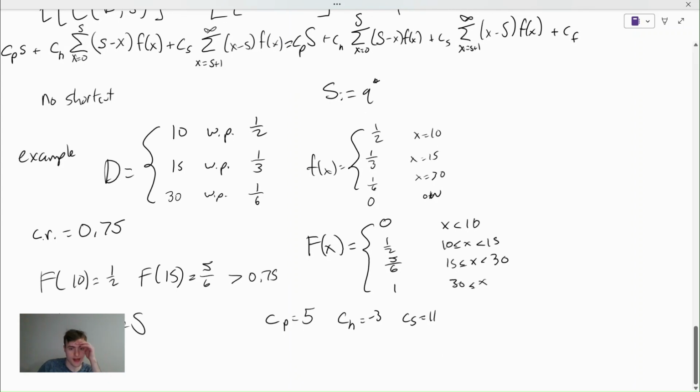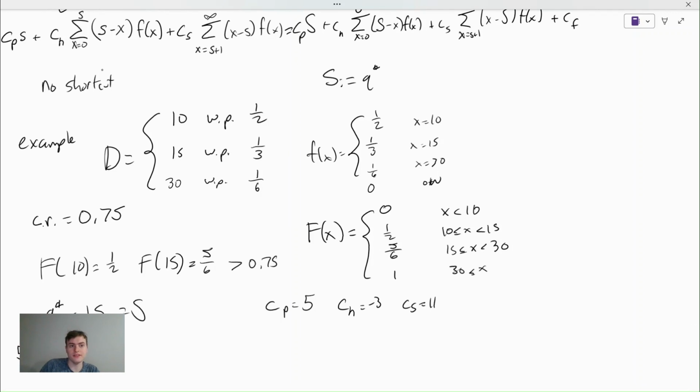So we have CP is 5 times little s plus CH is -3 times summation from 0 to little s, right? So this depends on what little s is, but really we just have the values 10, 15, 30, right?